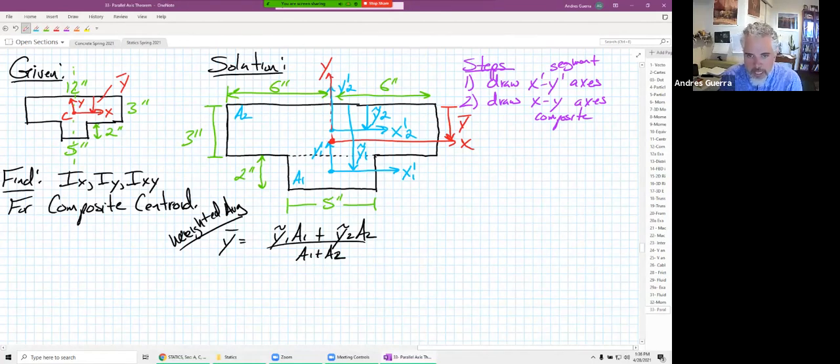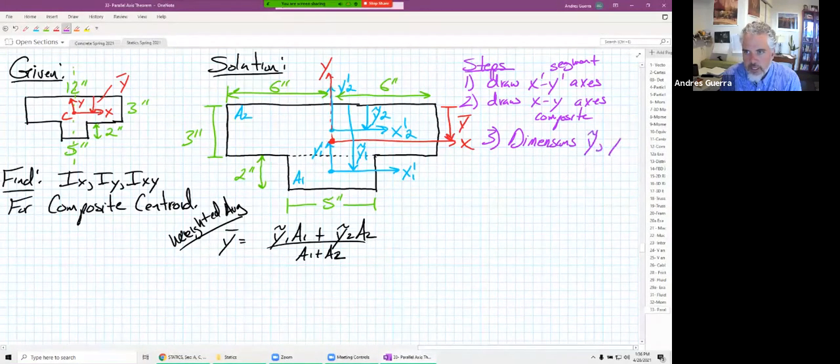So actually, let's go back up to our steps up here. What did we do since we drew the XY axes? We added the dimensions for our y tildes and y bar.